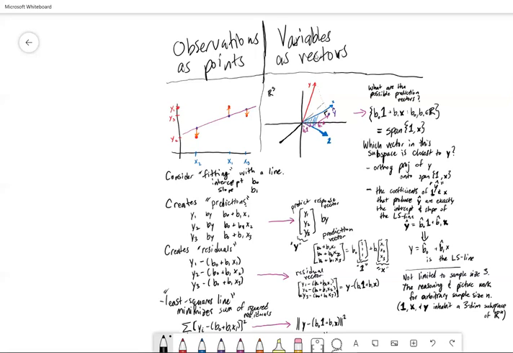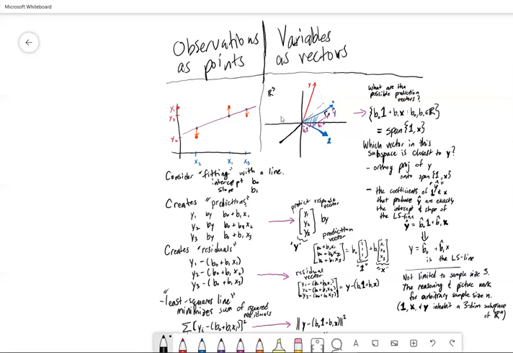For understanding linear model theory, usually the more informative picture is this, variables as vectors. So we're going to try to get really good at thinking about things in this way, thinking about the variables picture. Now, it's counterintuitive. It takes some time.